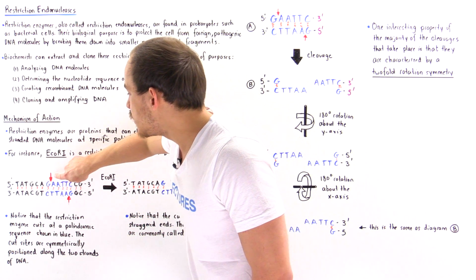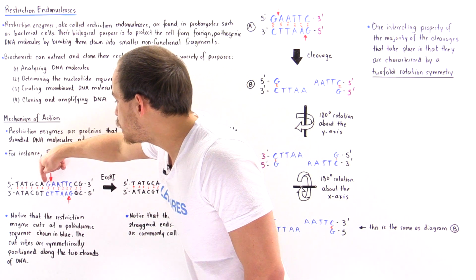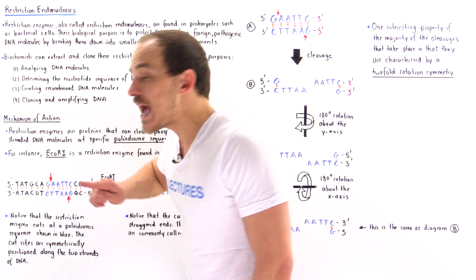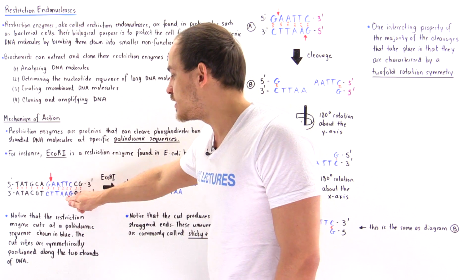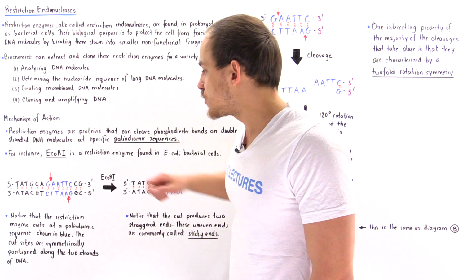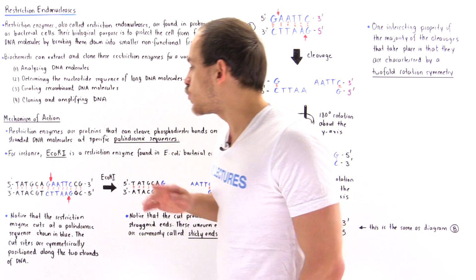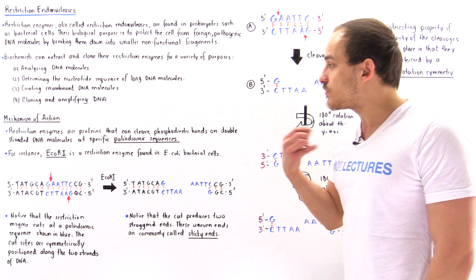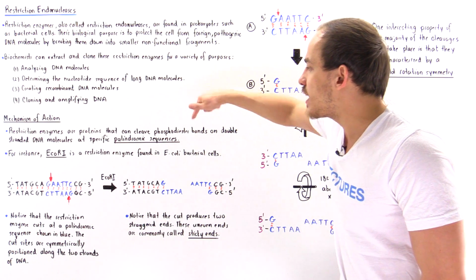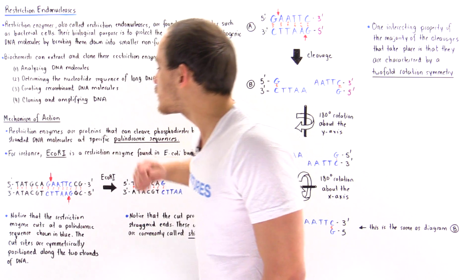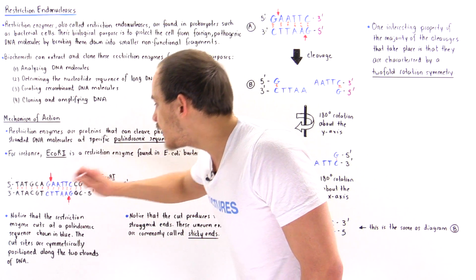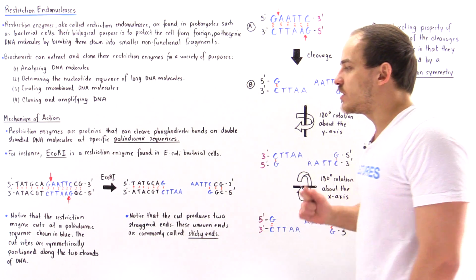And notice that it cleaves between the GA on this side, and that means it will cleave between the GA on the opposing palindromic sequence. So this and this is where it will use the process of hydrolysis to break the phosphodiester bonds. This is one phosphodiester bond and a second phosphodiester bond that it will break.